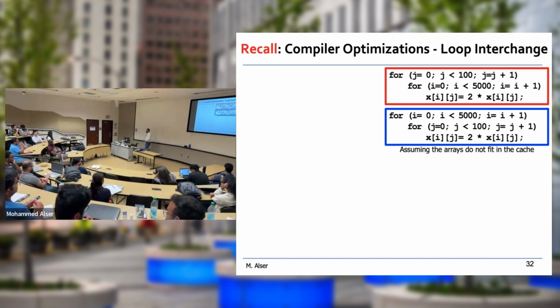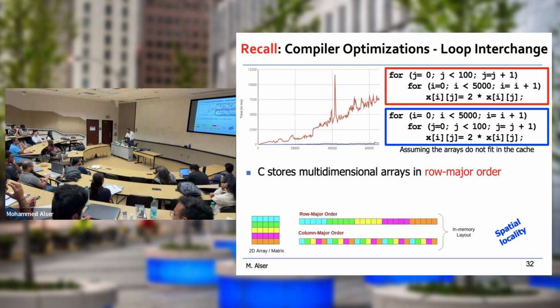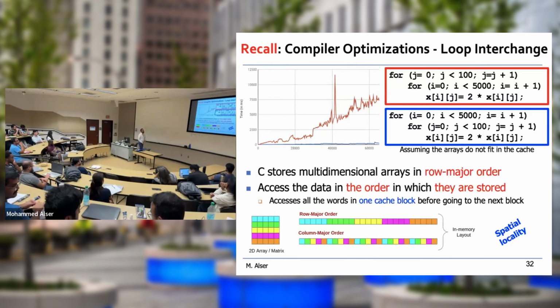If you want to access a matrix, we know that C stores multidimensional arrays in row major order. So it's all related to the C language, for example. C tries to store your data structure in memory in a row fashion.